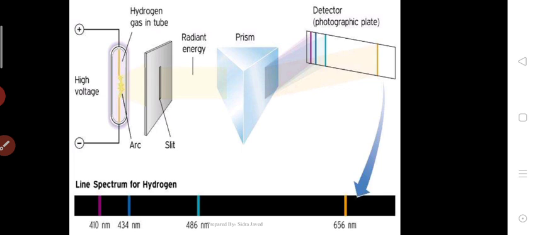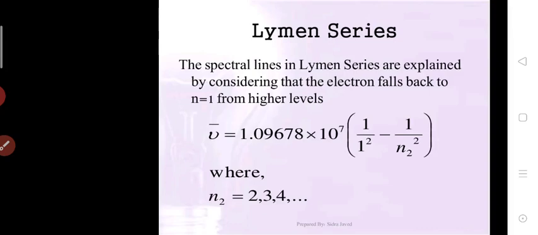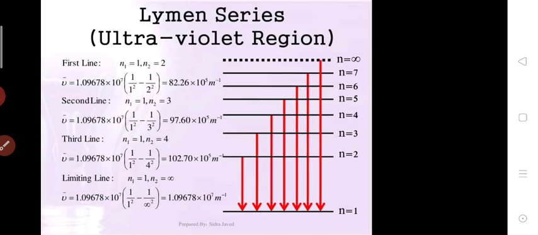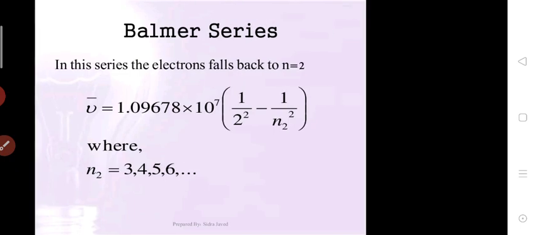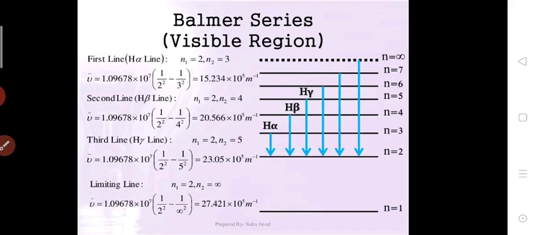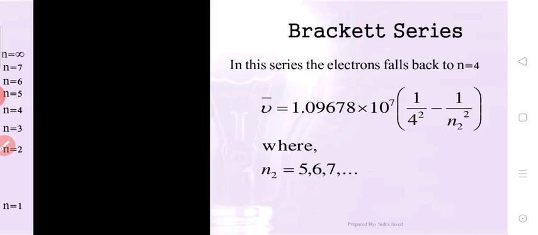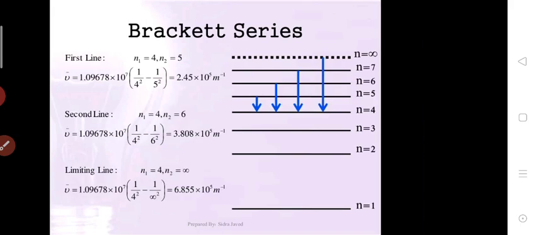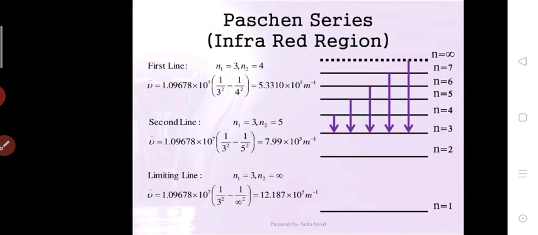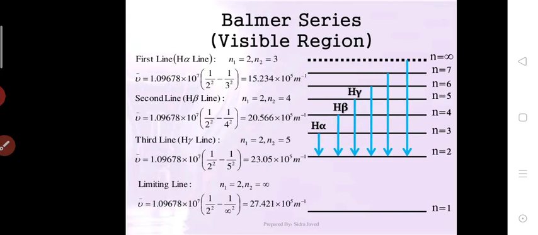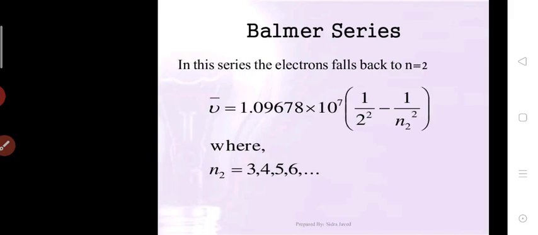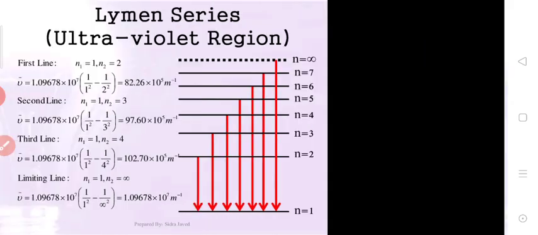You observe color because we can see only visible light, which is why you see this spectrum on the photographic plate, but actually the hydrogen spectrum emits radiations in the ultraviolet region, the visible region and the IR region also. The Paschen, Brackett and Pfund series lie in the near and far infrared region, whereas the Balmer series lies in the visible region and the Lyman series lies in the ultraviolet region.